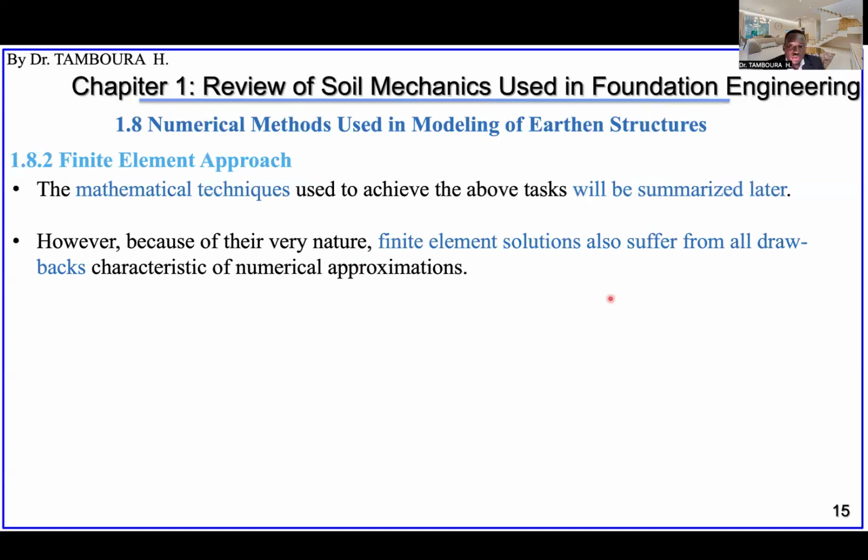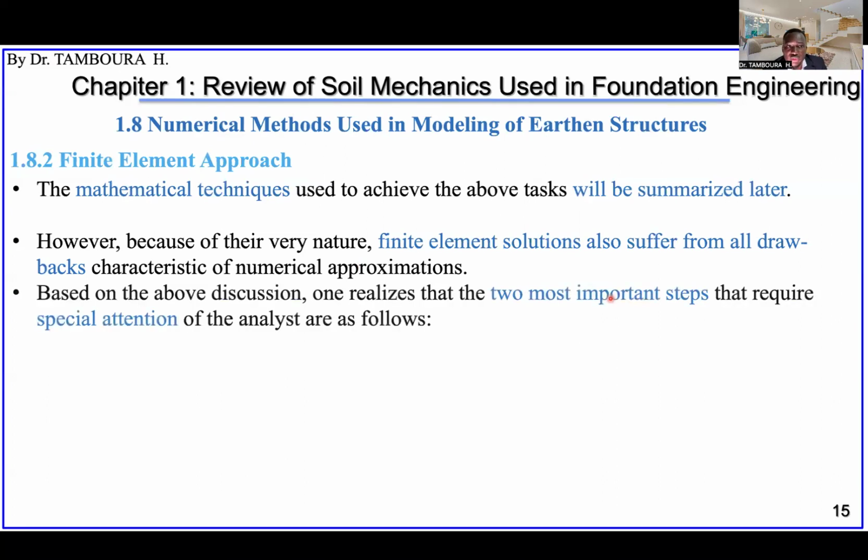Finite element solutions also suffer from all the drawbacks characteristic of numerical approximations. So based on the discussion we had, we can realize that 2 most important steps need attention for analysis. These steps are as follows.